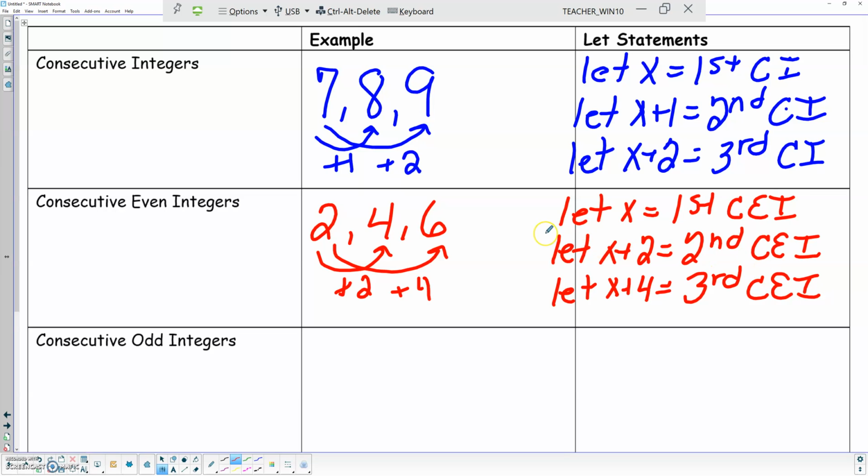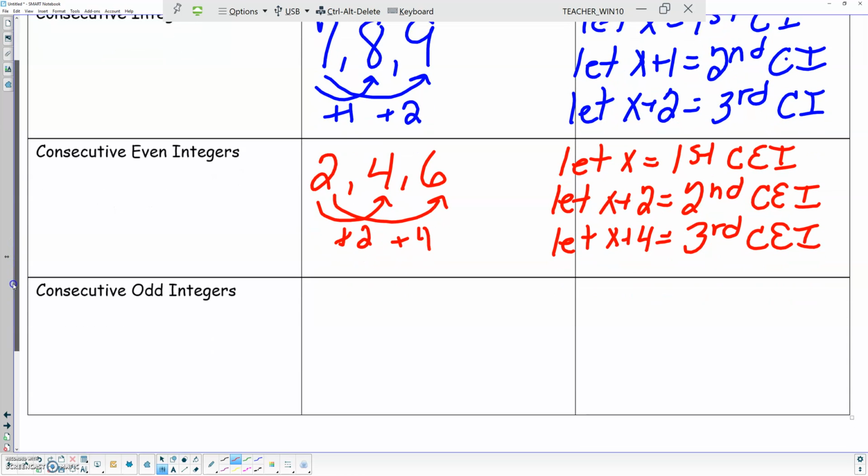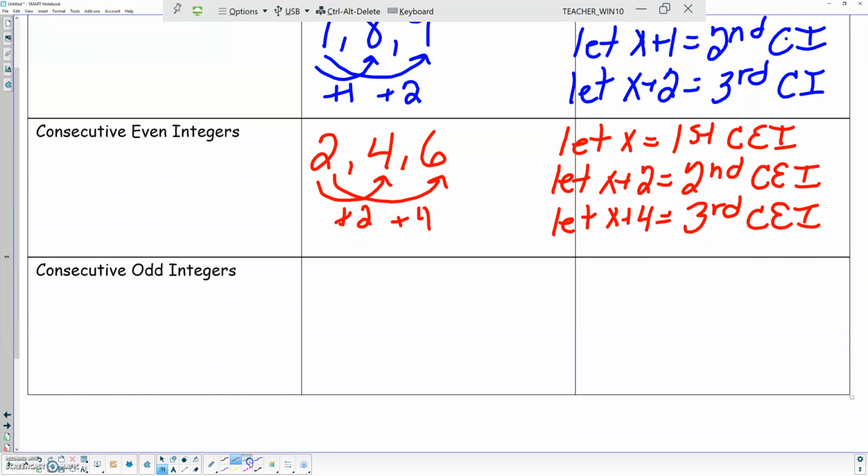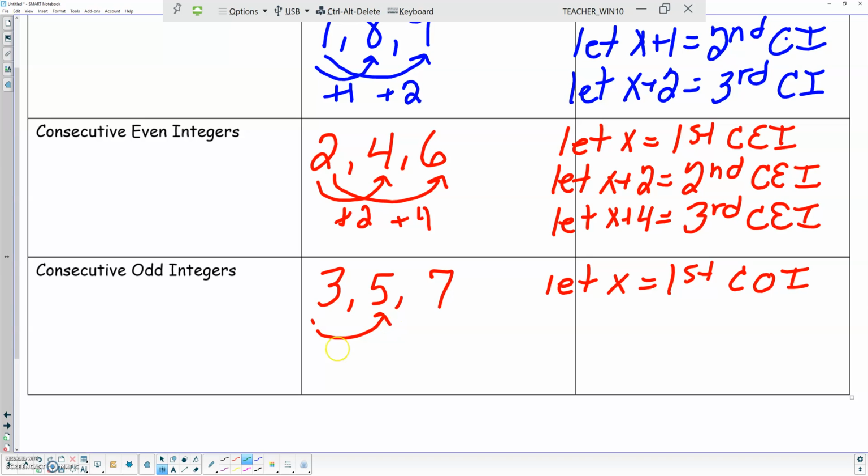Okay, consecutive odd integers. An example would be like 3, 5, 7. So again, we always let x equal the first one. So x would be the first consecutive odd integer. To get from 3 to 5, we're adding 2.